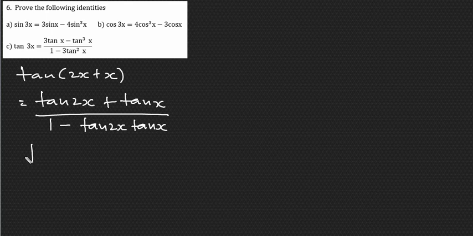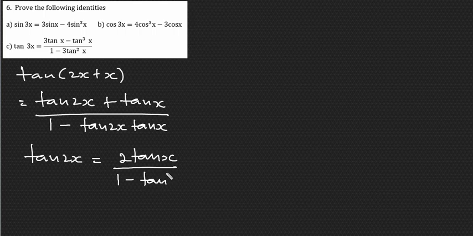Now we know that tan 2x, this double angle, is the same as 2 tan x over 1 minus tan squared x. So we need to replace it here, since tan 2x is equal to this.